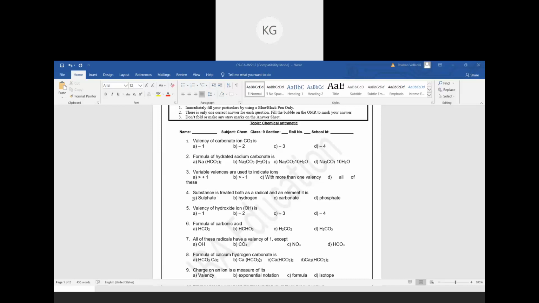Next, fourth one. The substance is treated both as a radical and an element. What is it? Sulfate, hydrogen, carbonate, phosphate. Hydrogen.